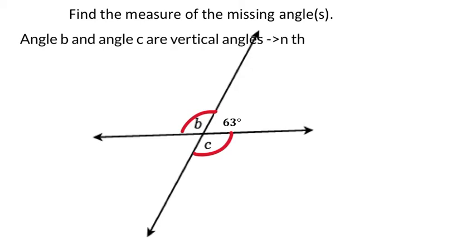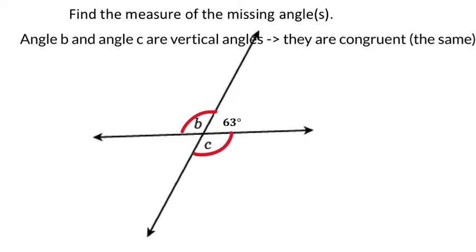Meaning, again, they are congruent or the same, okay? It's just, I don't know what either one of them are, so I've got to use a 63-degree angle. I would probably use B right here.